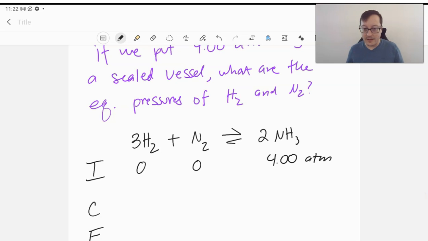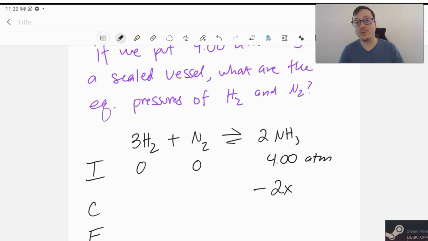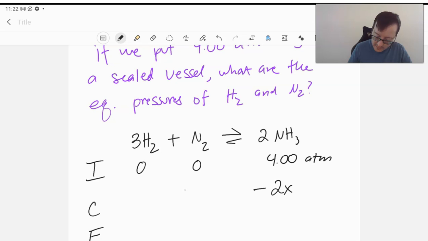Can't have 0 there. So we know that we're going to break down some ammonia. And I'm going to put a 2 there because we have a coefficient of 2 in front of ammonia. For every 2 ammonias that break down, we're going to get out 1 nitrogen and 3 hydrogens.